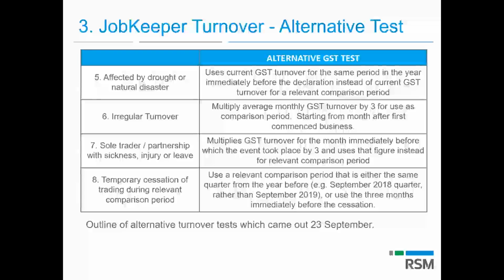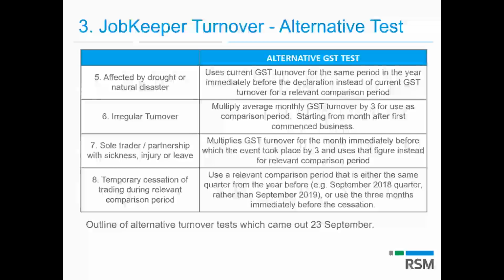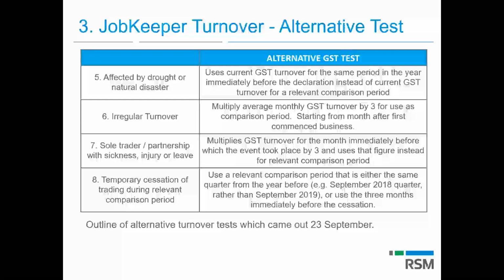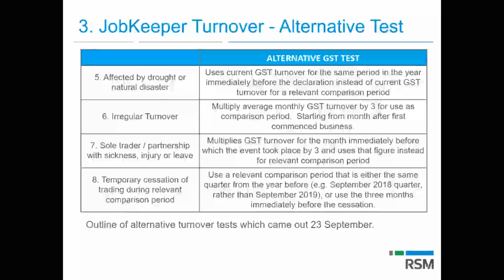For it to apply, either the sole trader or one of the partners needs to not work for all or part of the comparison period due to illness, injury or leave, and the GST turnover of the sole trader or partnership was impacted due to this absence. In this case, the alternative test is to multiply the GST turnover for the month immediately preceding the absence by 3 to get a quarterly amount.